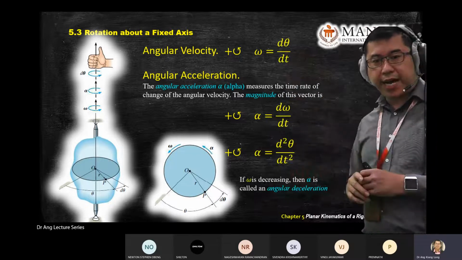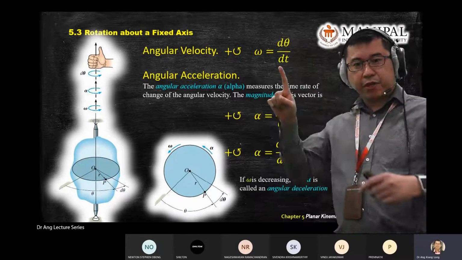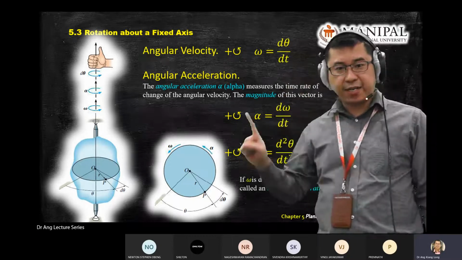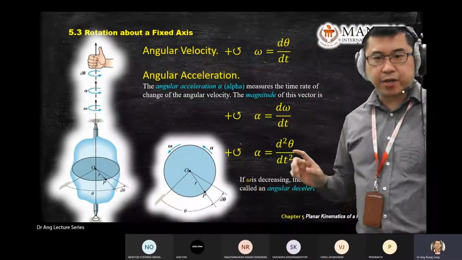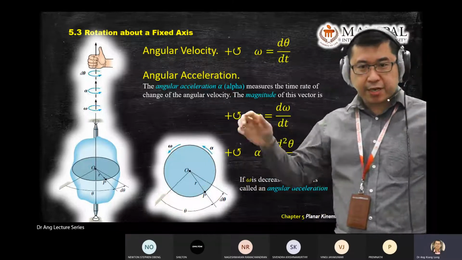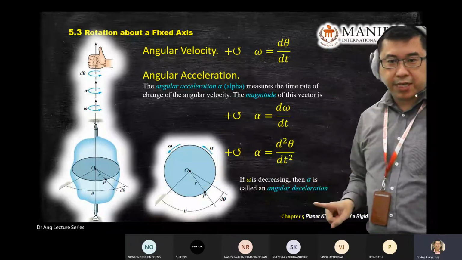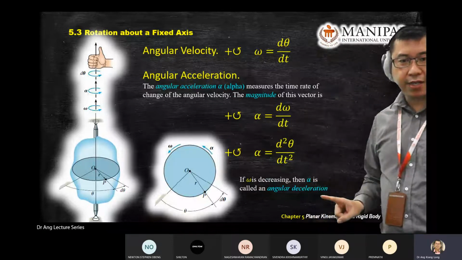Something you need to take care of is that if you have an increase in angle, we call it acceleration. If you slow down, if your omega slows down, then you have angular deceleration.